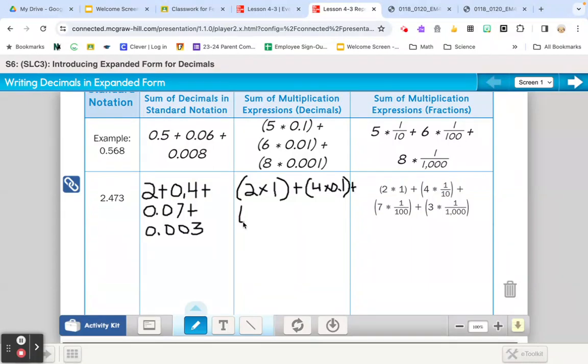Parenthesis again, it is a 7 in our hundredths place.